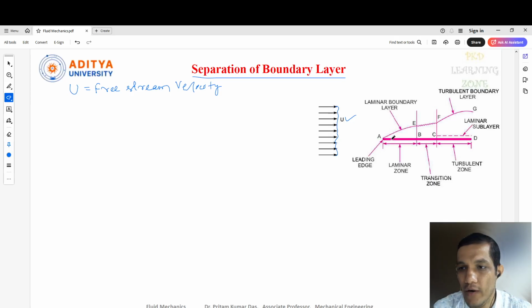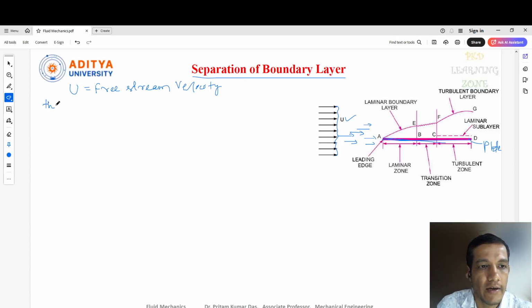This is the thin plate, and the fluid flows over it. The plate should be kept flat and parallel to the direction of fluid flow.